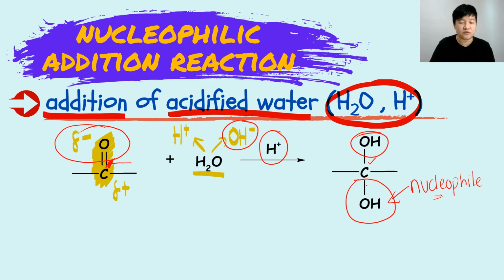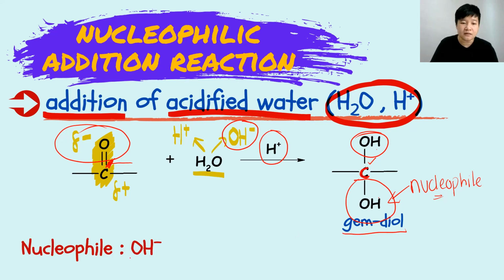So OH- will go in and your product will be named as gem-diol, the same carbon holding two OH groups. That is your gem-diol. Okay? And obviously over here, the nucleophile of this reaction will be OH-.